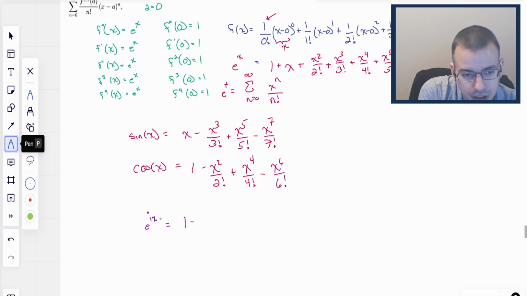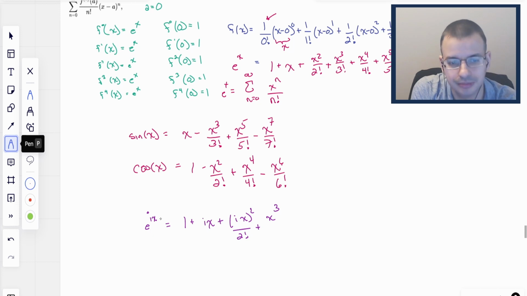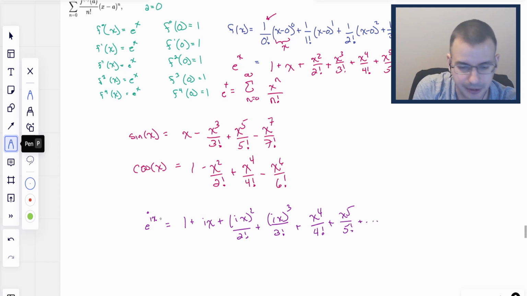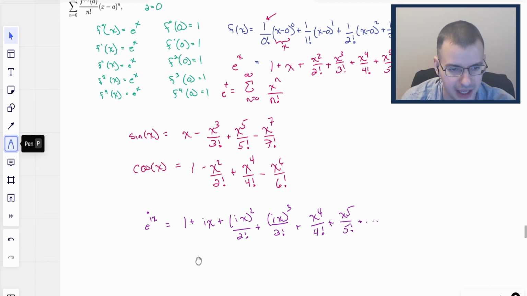So it's going to be 1 plus ix, plus ix squared over 2 factorial, plus ix cubed over 3 factorial, plus ix to the fourth over 4 factorial, plus ix to the fifth over 5 factorial, plus dot dot dot. Okay, so now we have that.